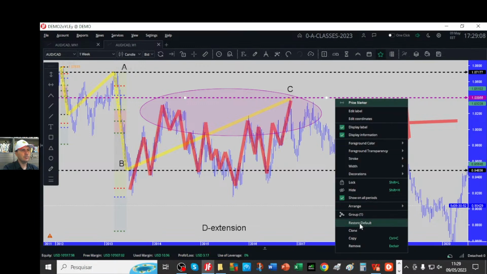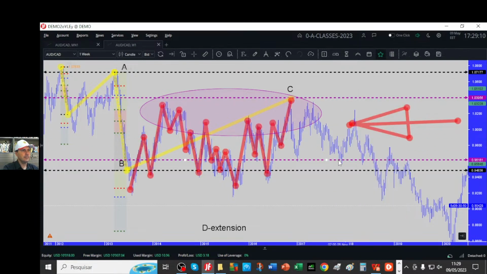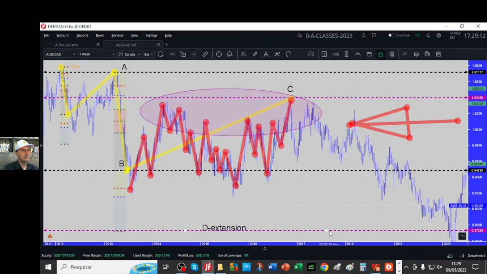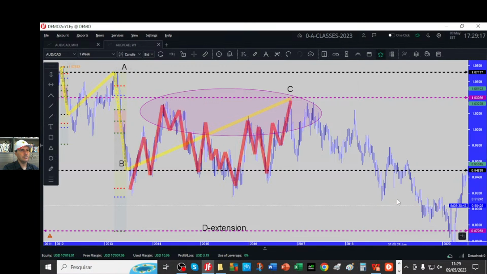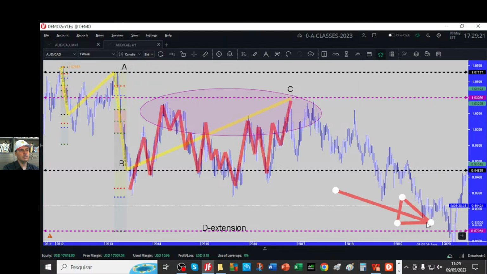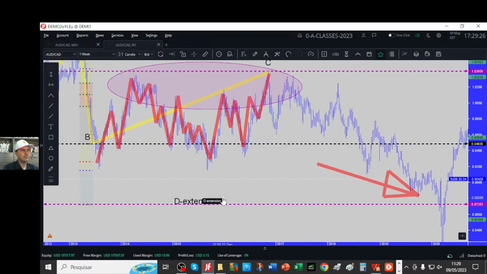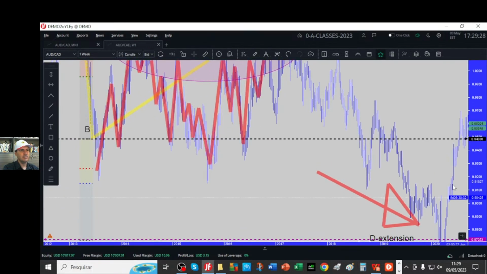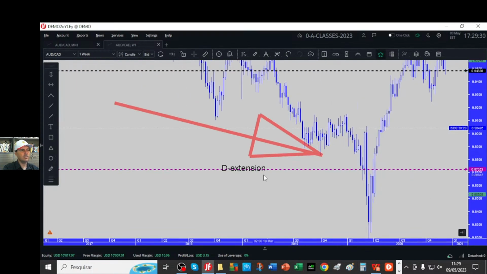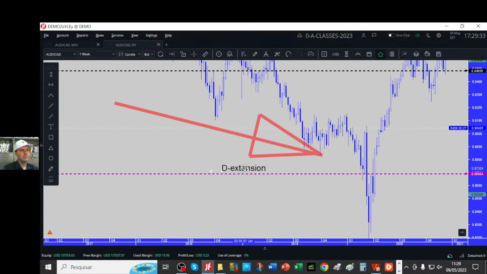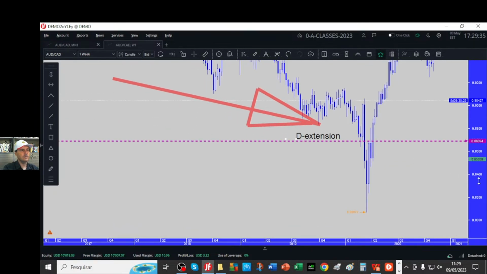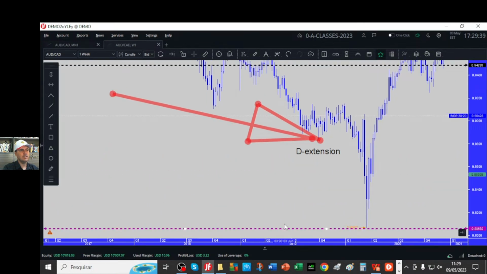And so I'm going to clone, and I'm going to go on the red, and now I'm going to go on the chart down here, and I must find a low, exactly. So this is the D extension, and I'm going to zoom in the chart, and I need to find the low. So down in here is the low.